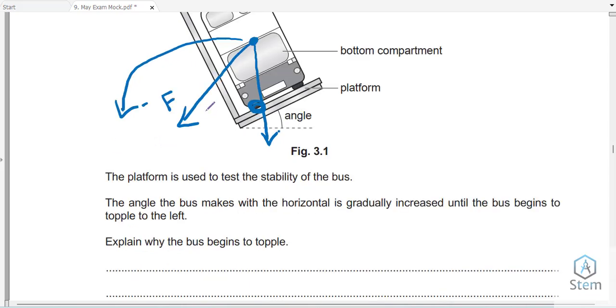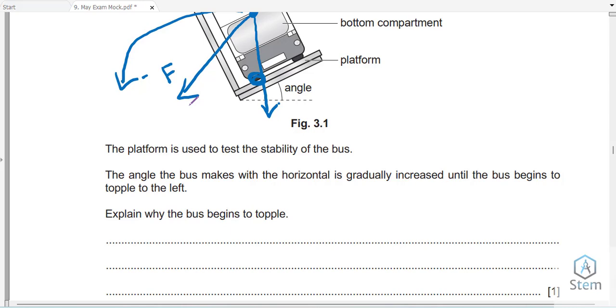So, when the center of mass of the bus is in a position where the line of action of that center of mass goes outside the bus, it starts to fall over.